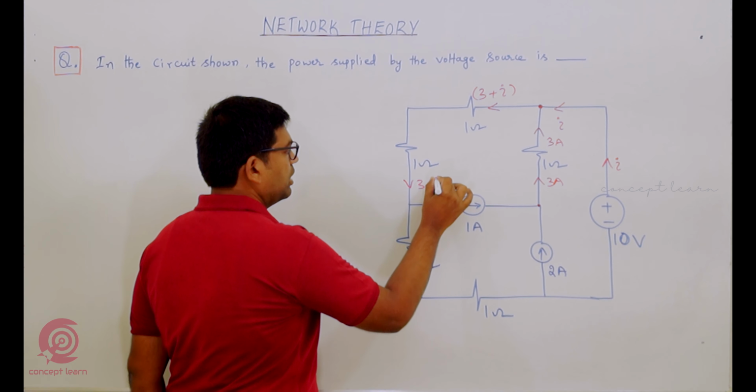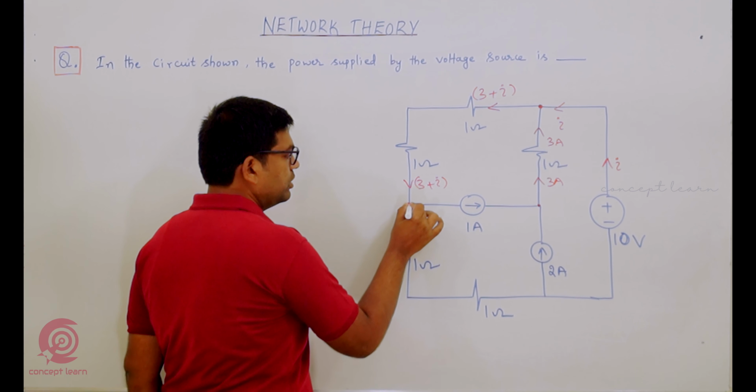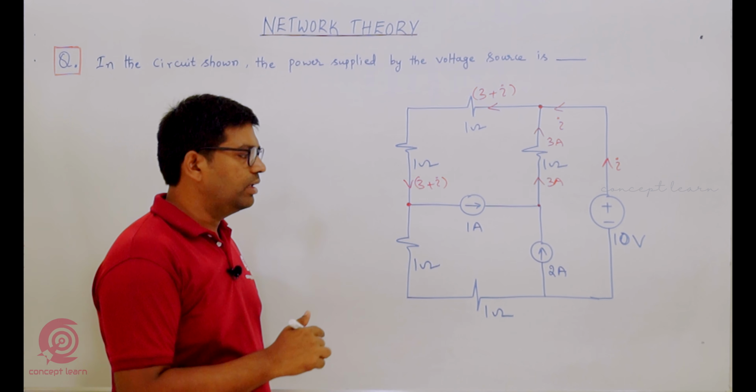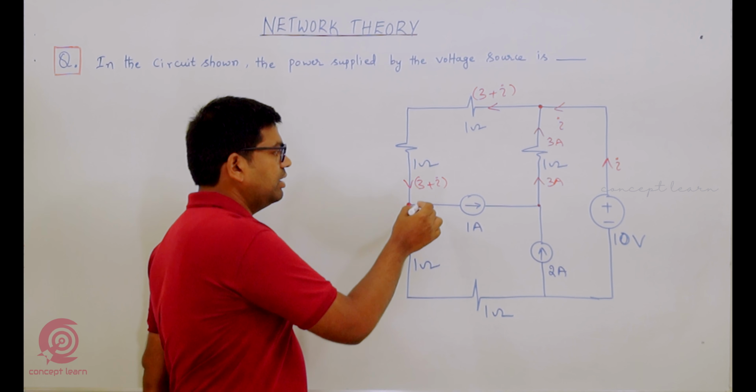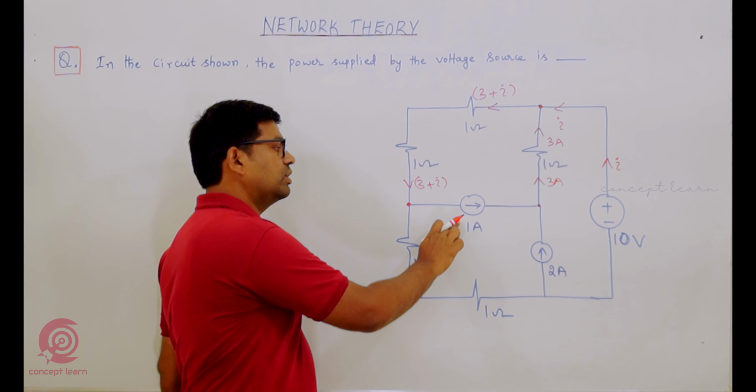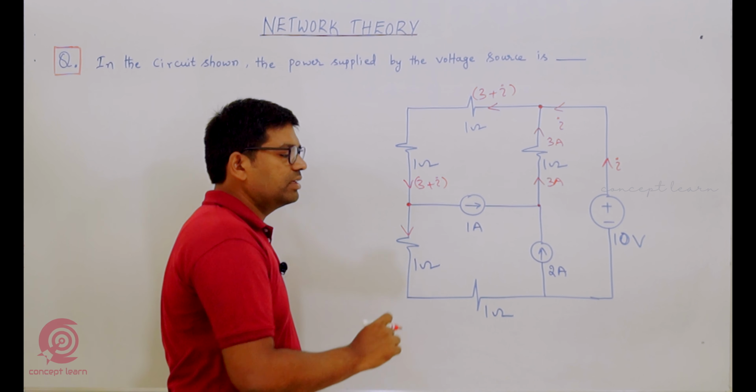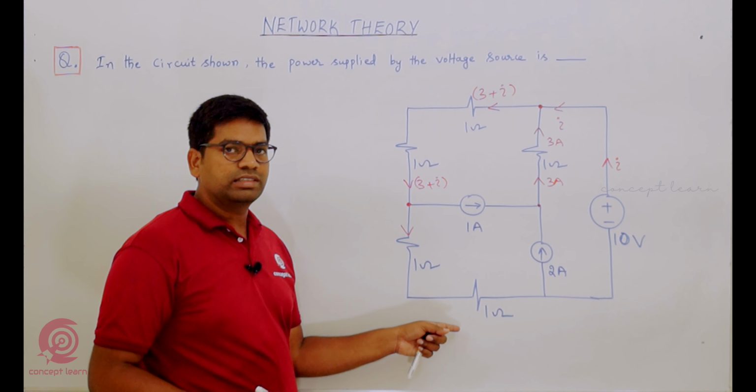3 plus I. Now at this node, if you again follow KCL, this branch is carrying 1 ampere only. 3 plus I is entering and 1 ampere is leaving. So what must be the current through these 2 branches?